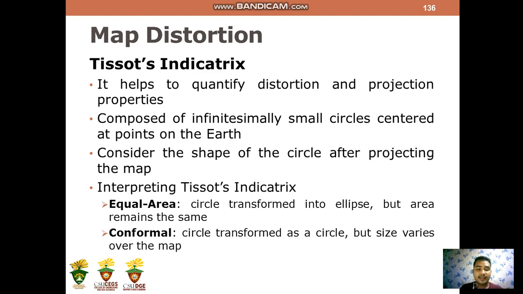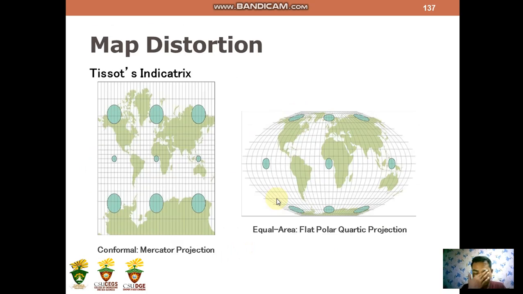Interpreting Tissot's indicatrix, for example, equal area: the circle transforms into an ellipse but the area remains the same. And conformal: circles transform as circles but the size varies over the map.